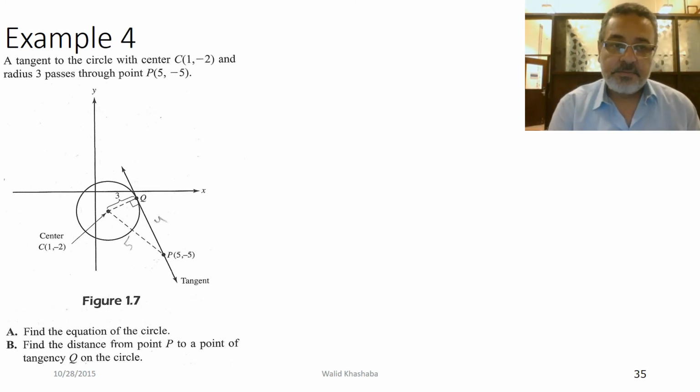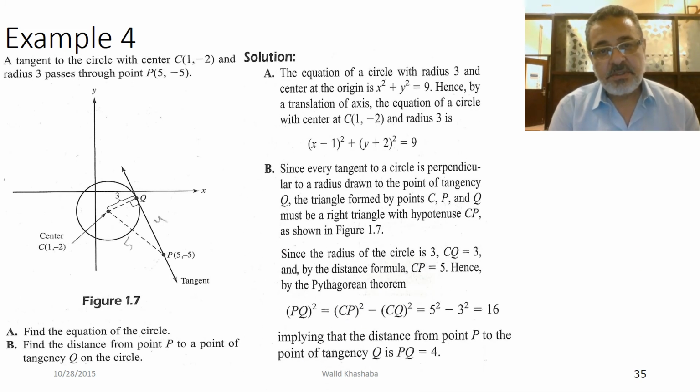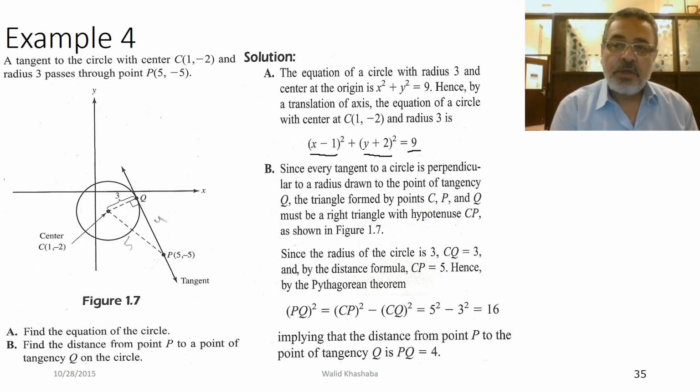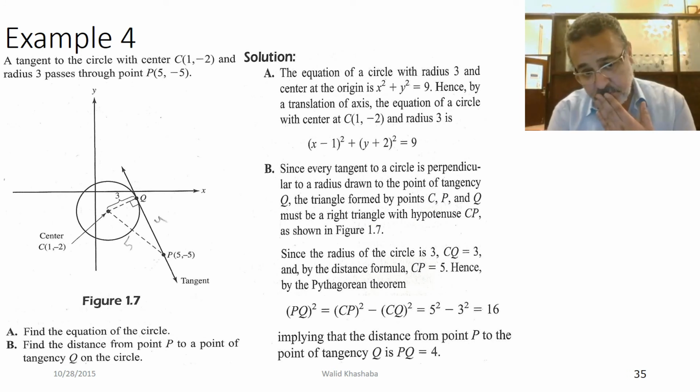Well, this is the equation of the circle. As you remember, it is x minus h all squared plus y minus k all squared equals r squared. The radius here is 3, that's why it became 9. And the center coordinates are 1 and -2.